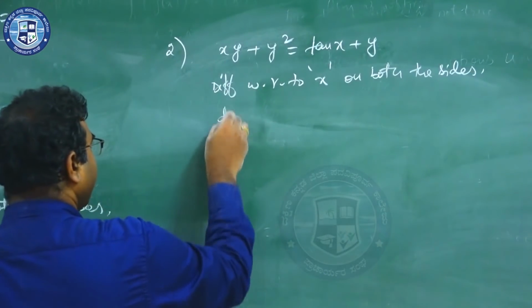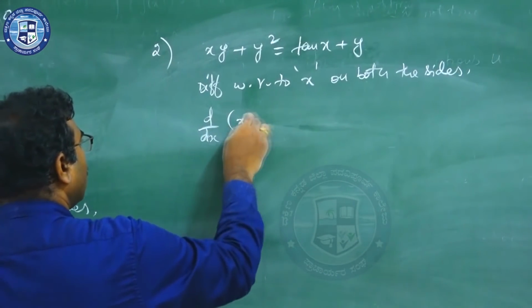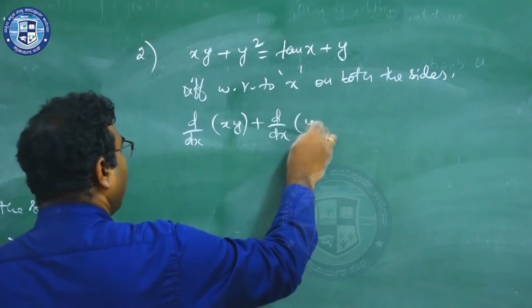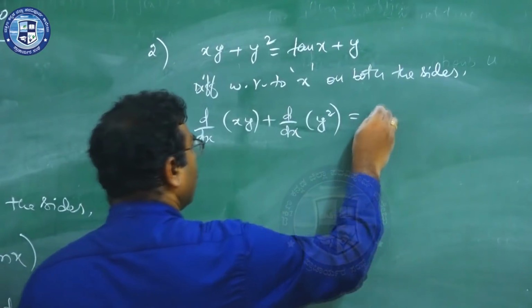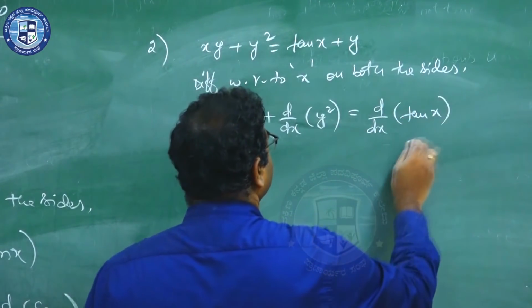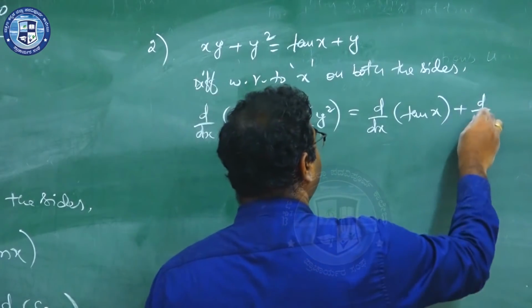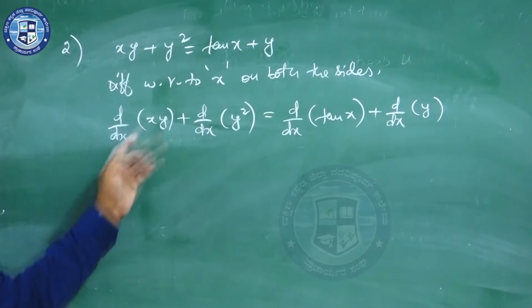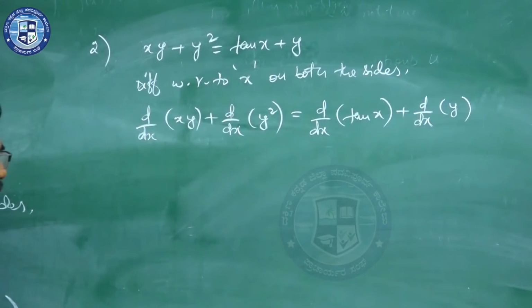What happens? d by dx of xy plus d by dx of y squared is equal to d by dx of tan x plus d by dx of y. Okay. So, d by dx of xy, what can we write?